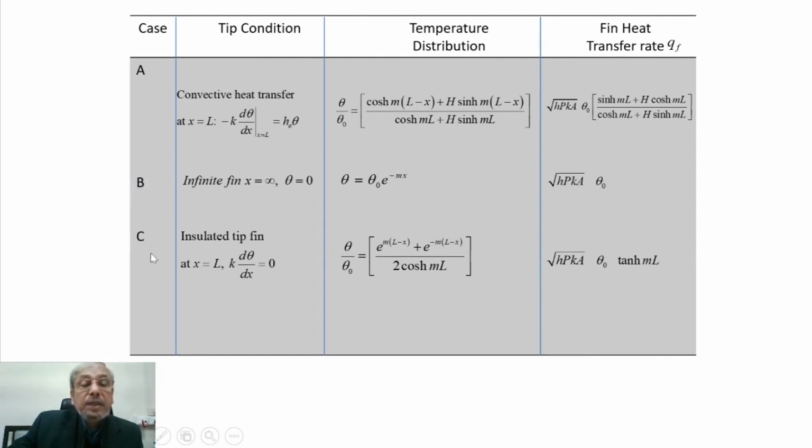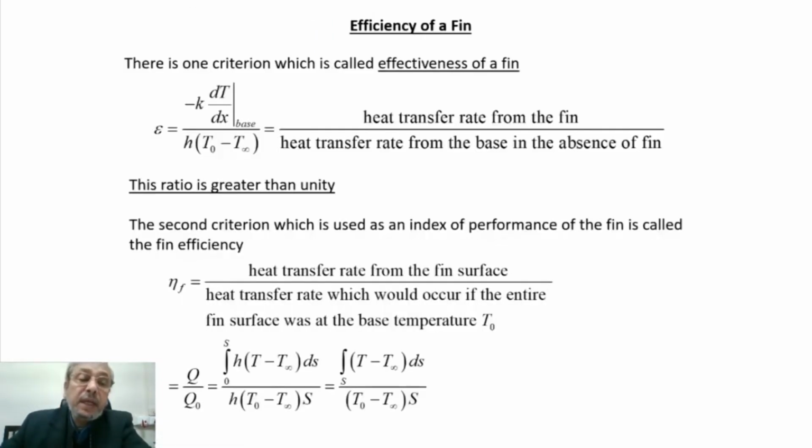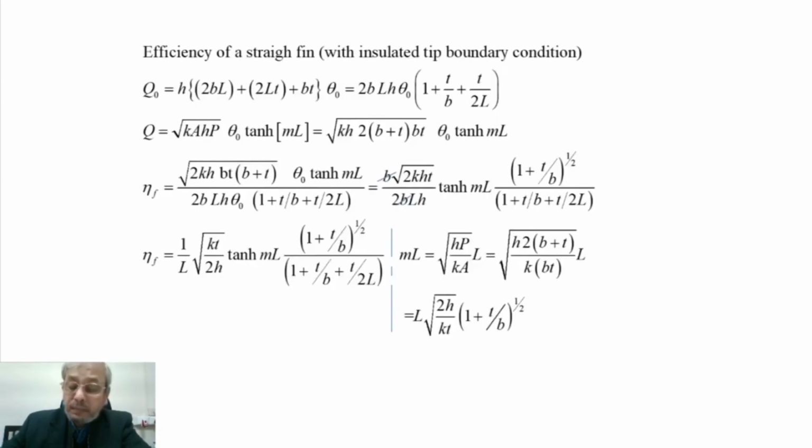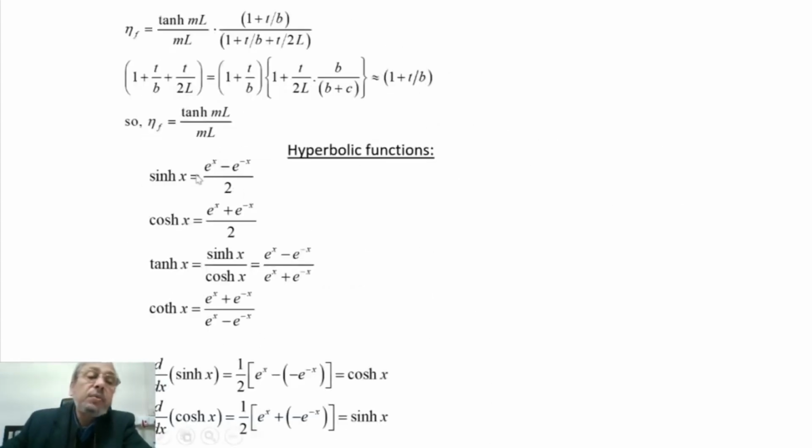And in the insulated case, the heat transfer is so small that we can consider it as an insulated tip fin. And insulated tip fin and the end condition when convective heat transfer takes place, we have analyzed that today in detail.